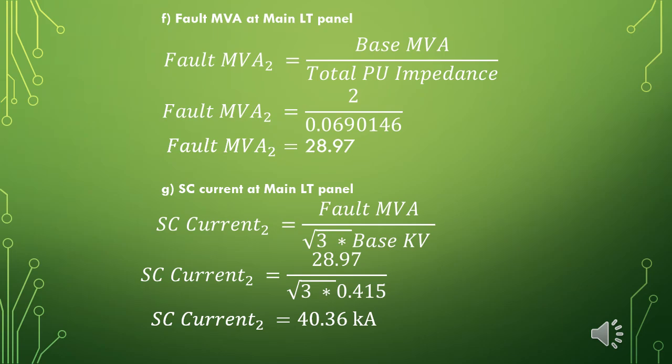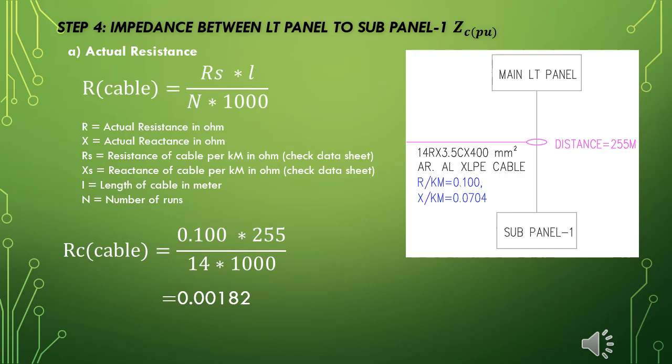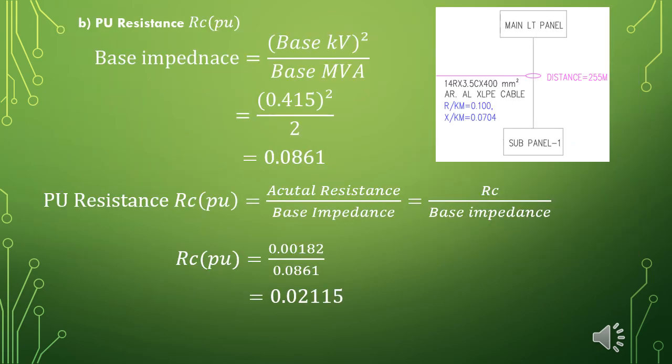To calculate the impedance between the LT panel and sub-panel 1, we first need to find the actual resistance of the cable. Since the total number of runs is 14, you can use the formula for resistance, which incorporates the length of the cable, the resistance per unit length, and the number of runs. Then calculate per unit resistance.